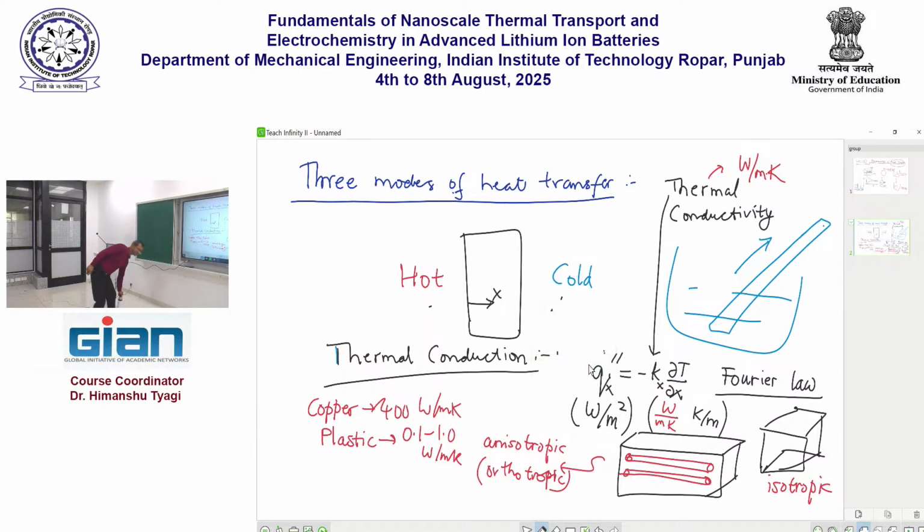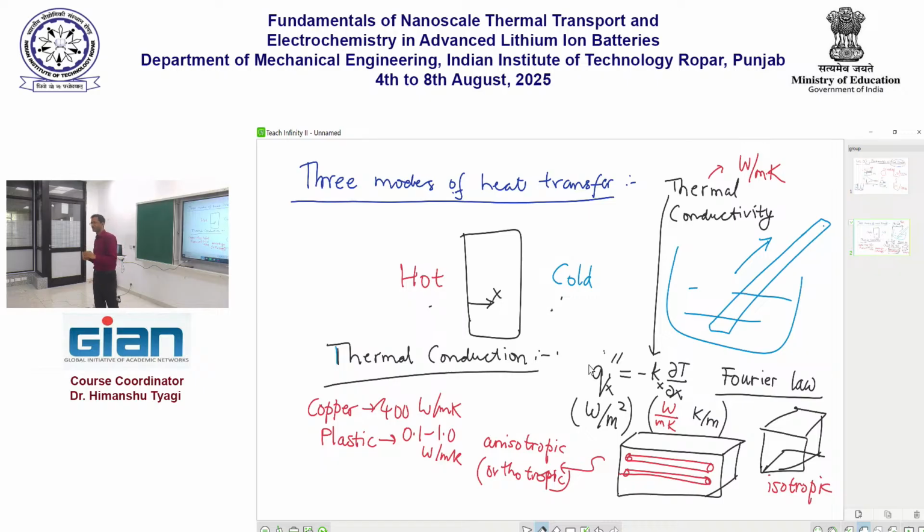Any questions so far? Finally, I also want to say that thermal conductivity itself could be a function of temperature. As the temperature changes, it is possible that the thermal conductivity of the body also changes.